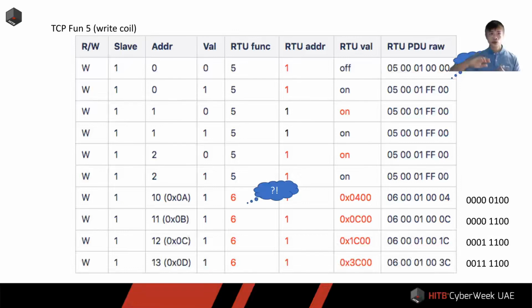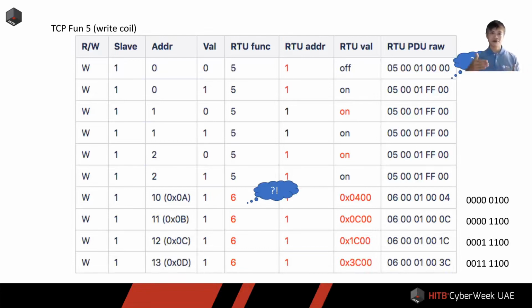You can use function 5 just to turn a switch on and off. We try to turn address 0 on and off, and you see RTU address 1 turned on and off. That's good, right? But when you turn switch 1 and switch 2 on and off, you are still seeing RTU address 1 being flipped on and off.